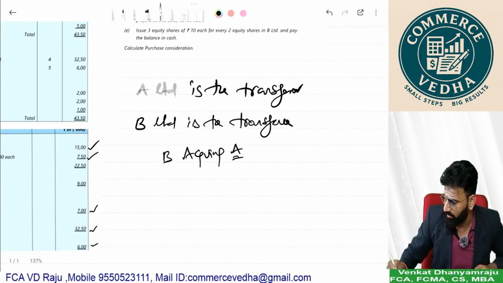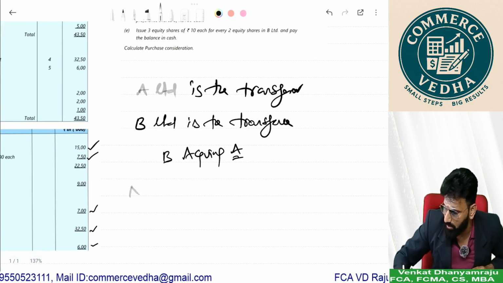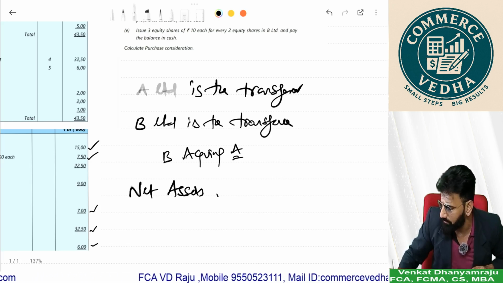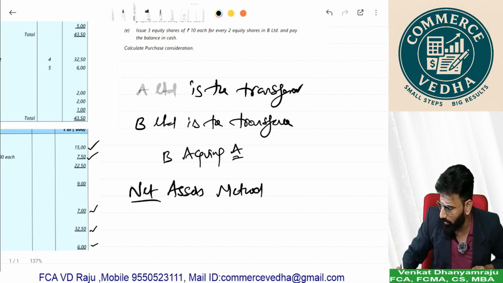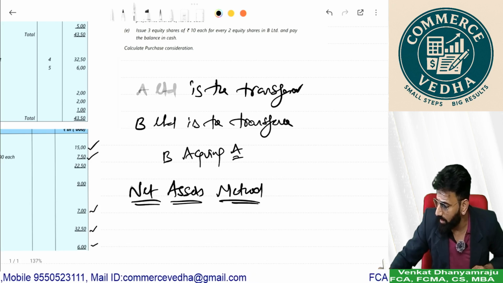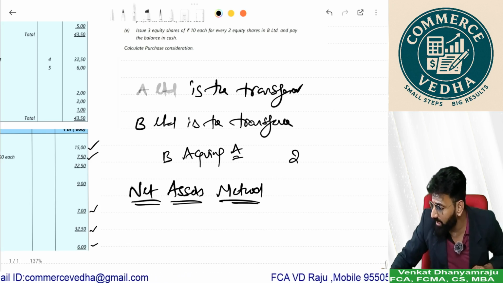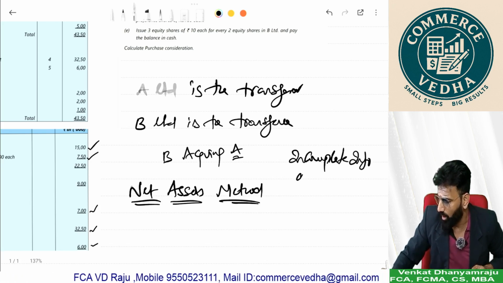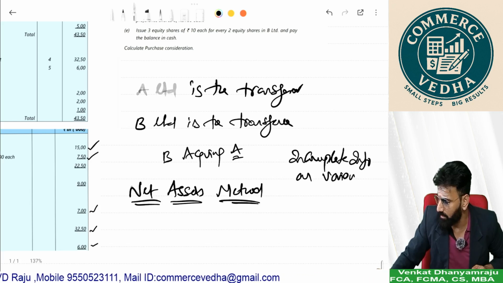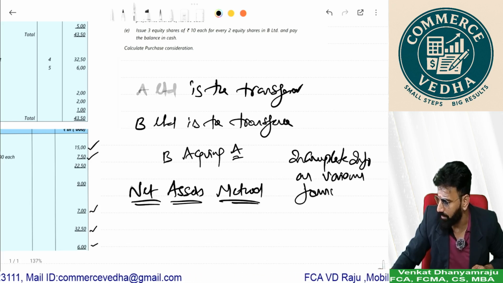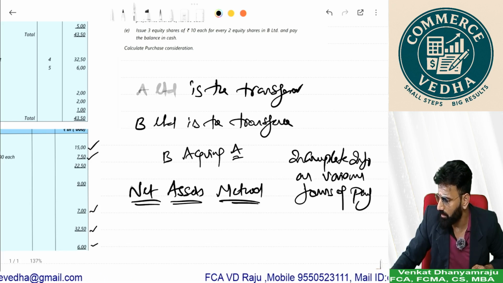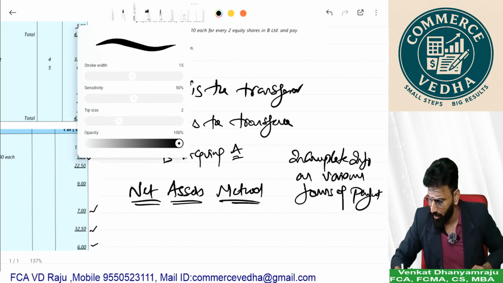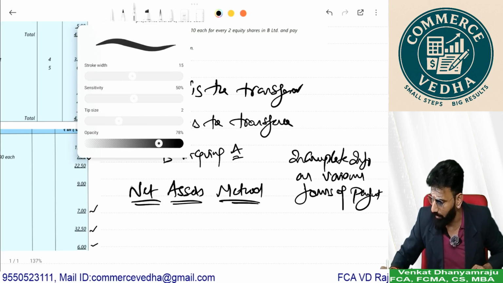In such a case, we should use the net assets method. Why? Because there is incomplete information on various forms of payment.